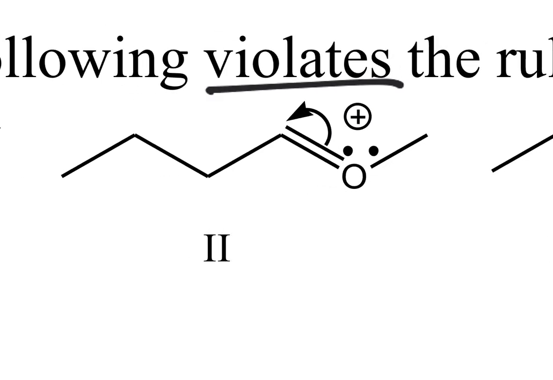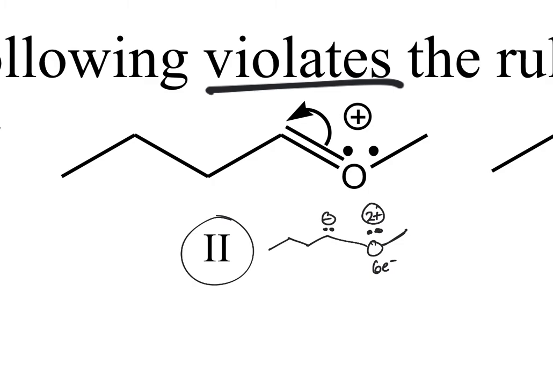In 2, this one also violates the rules because the pi electrons would be going over to the carbon, and that would leave the oxygen with a +2 charge. It only has 6 electrons, and that's bad, but we've seen it's acceptable sometimes to do that. But that also creates a negative charge on the carbon, so you're giving the negative charge to the less electronegative element.